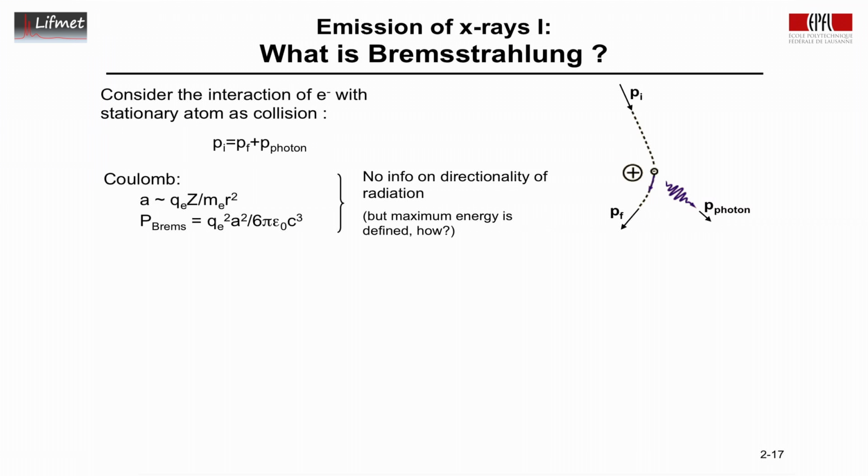Then the energy of the electron is converted into the energy of a photon, which equals the kinetic energy of the electron. If you have 150 kilovolts at the anode cathode, the energy of the electron is 150 kiloelectron volts. By conservation of energy, the maximum photon energy is 150 kiloelectron volts.